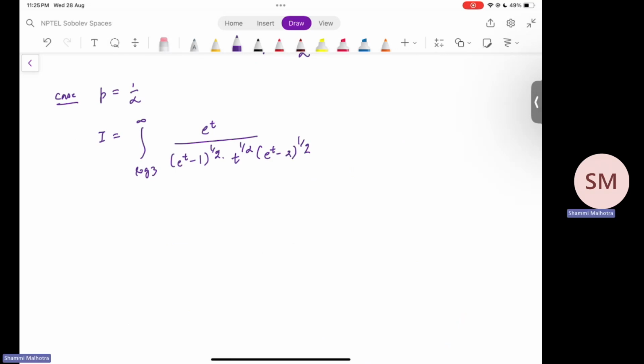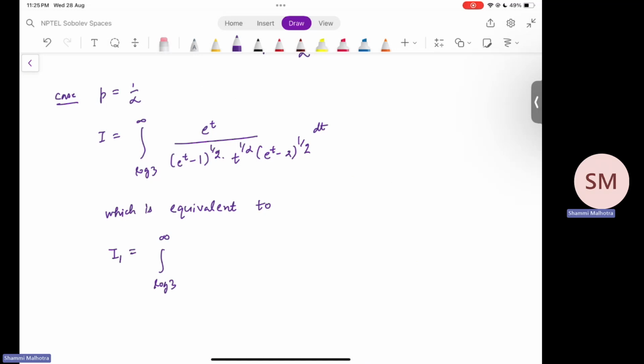And this integral is equivalent to I1, which is nothing but something like the integral from log 3 to infinity.